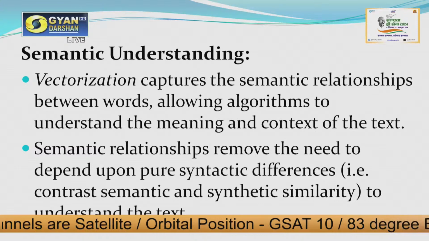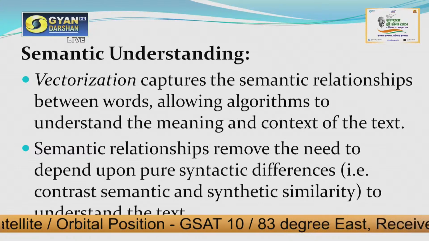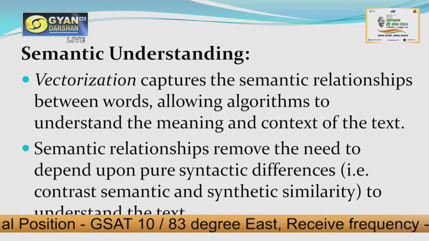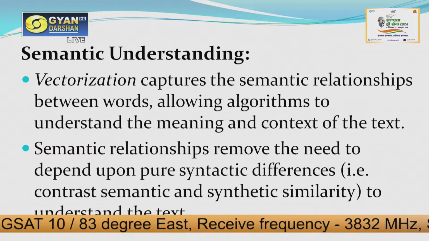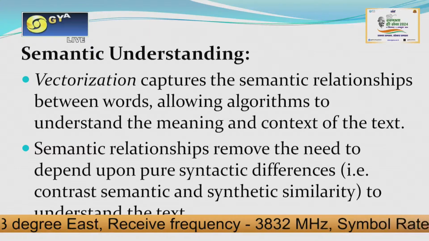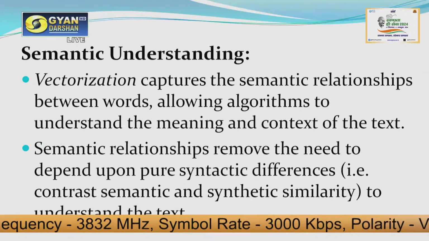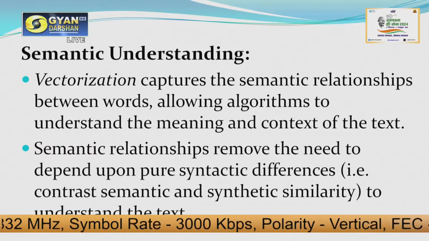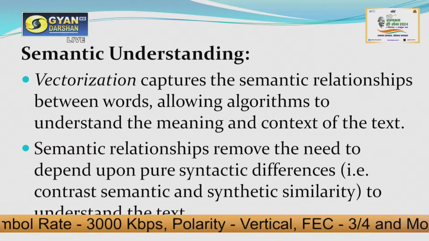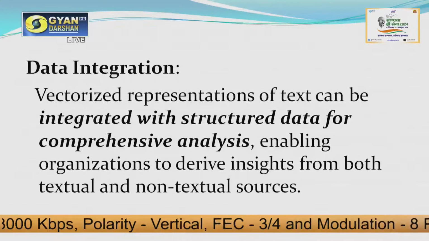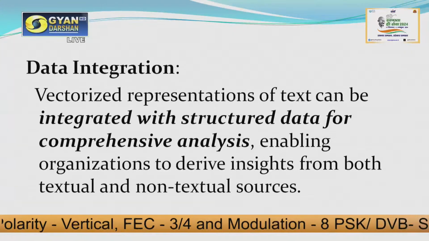Sometimes we may use it in one context and sometimes in a different context. So semantic relationships are very useful. They remove the need to depend on pure syntactic differences to understand the whole text. And the third significance we can discuss is data integration.